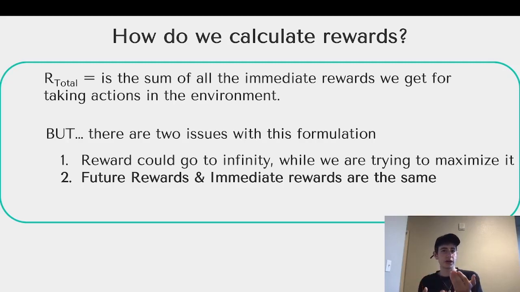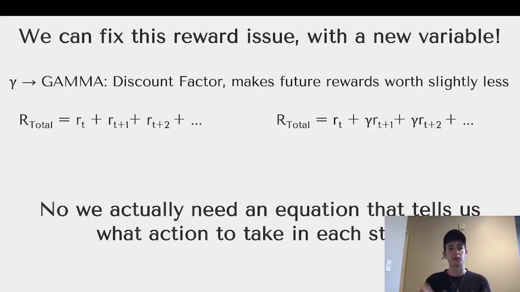But you want to kind of be greedy towards immediate rewards because you're chasing something that will give you a reward instantly rather than something that will give you a reward in the future. So the way we solve this problem is we have some variable gamma that looks like the squiggly y you can see on the left here. And gamma is called a discount factor. It essentially makes future rewards worth slightly less than immediate rewards.